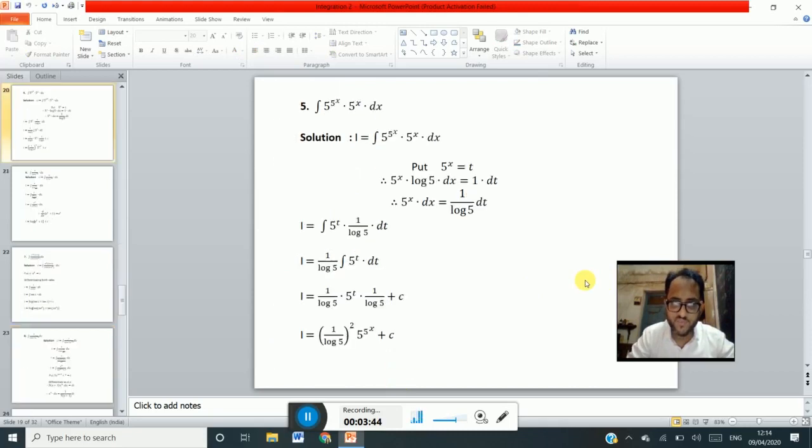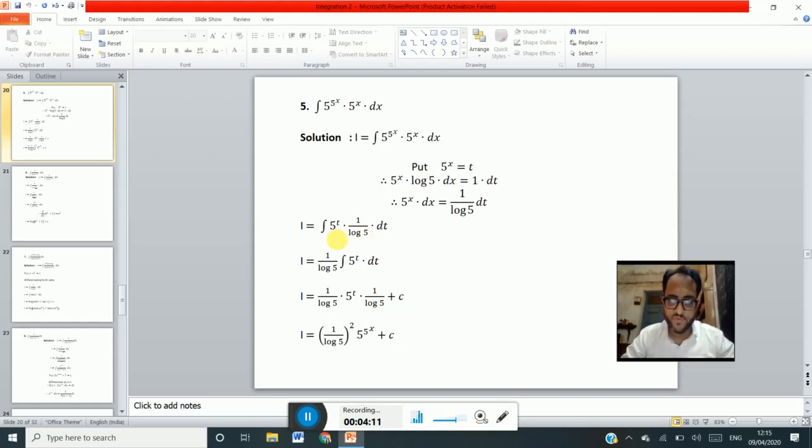Then see the next one, integration of 5 to the power x into 5 to the power 5 to the power x dx, right? So let I be the given integral, put 5 to the power x equals t, we get 5 to the power x into log 5 dx equals dt, meaning 5 to the power x dx equals 1 upon log 5 dt. Put this substitution in the given integral, what do we get?